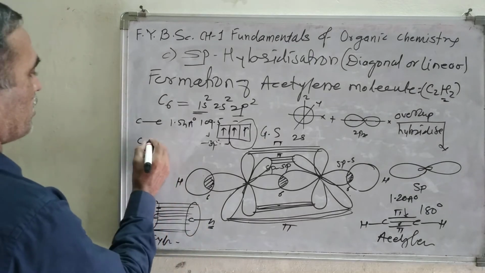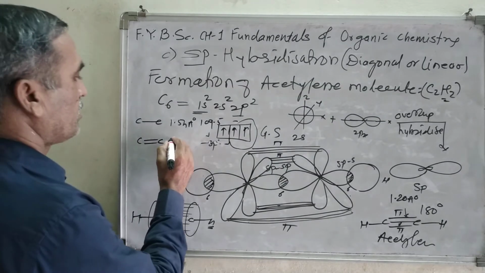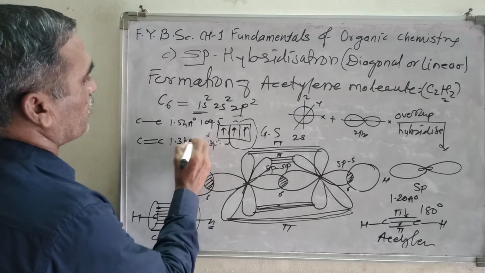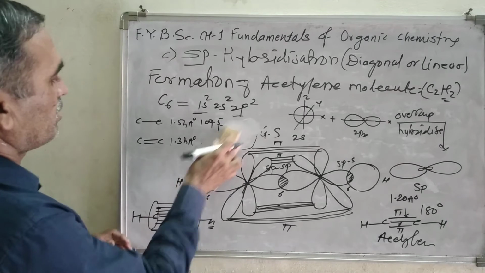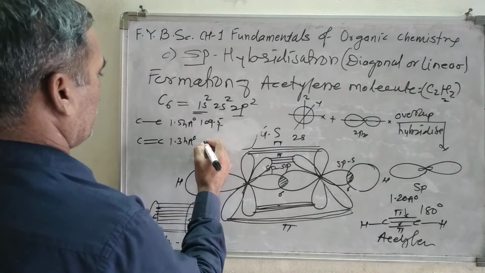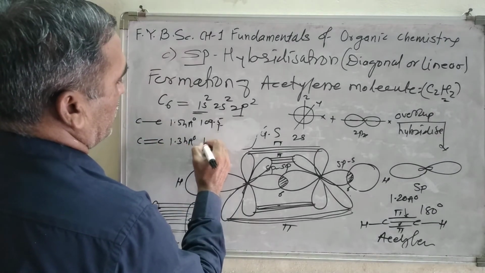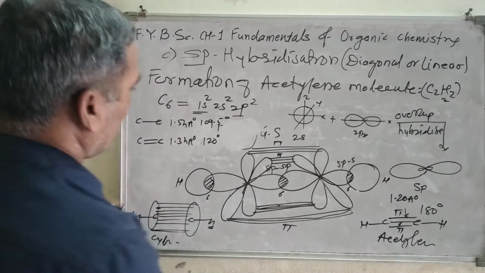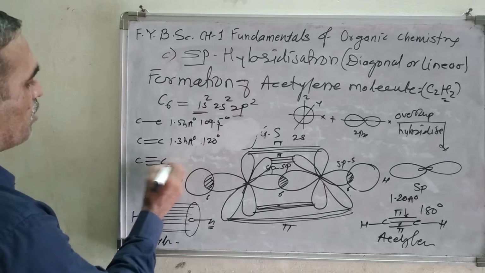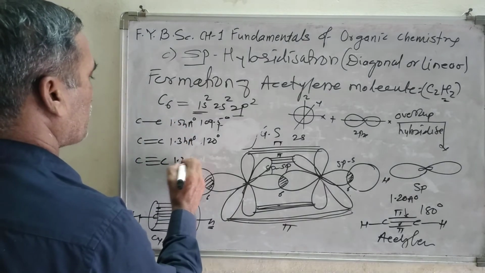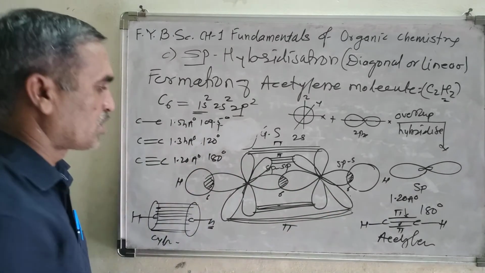Now if we have a carbon carbon double bond, the bond length found in the carbon carbon double bond is 1.34 angstrom, and bond angle is found to be 120 degrees. Now for the carbon carbon triple bond, the bond length is found to be 1.20 angstrom, and bond angle is found to be 180 degrees.